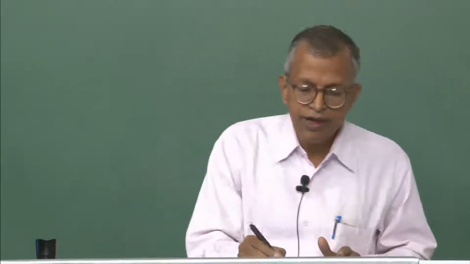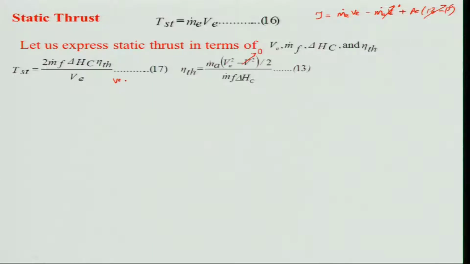What does this indicate? Whenever the exit velocity goes on increasing, the static thrust will go on decreasing, right.